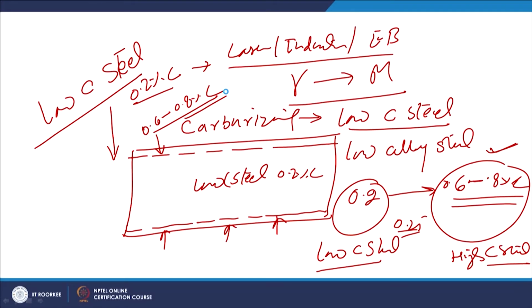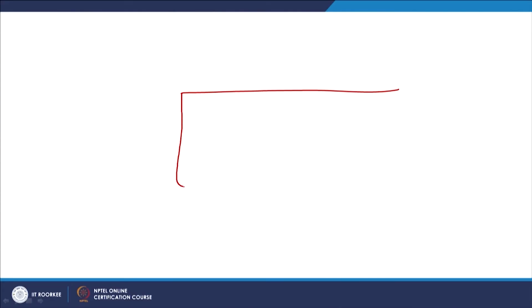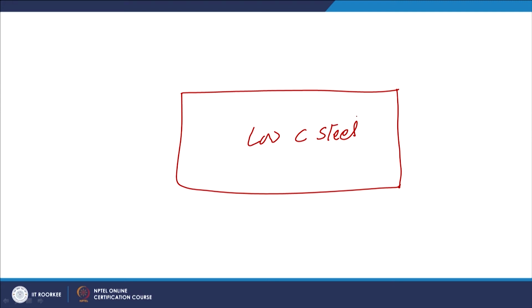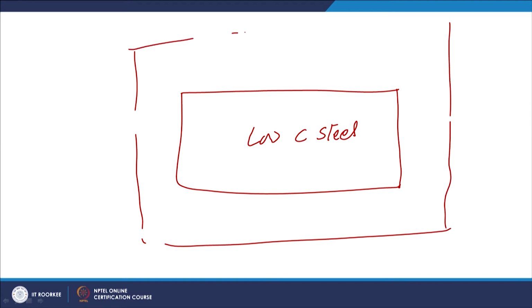Now we will see the kind of conditions which are normally used for carburizing. For carburizing, say this is the component of low carbon steel which is to be carburized. It will be exposed to a suitable environment where the carbon is present in atomic state.